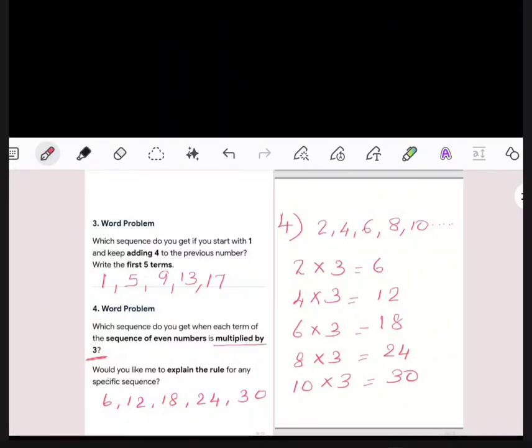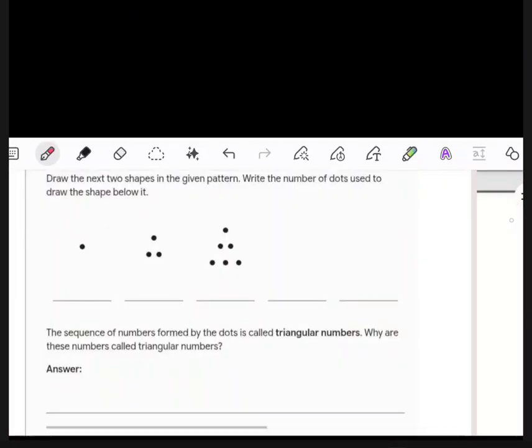Also, they're asking to explain the rule. So this rule is the sequence consists of the multiples of 6. All the numbers are multiples of 6. So we can write here multiples of 6. All these numbers are multiples of 6.